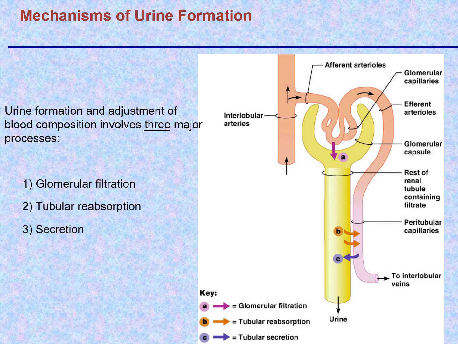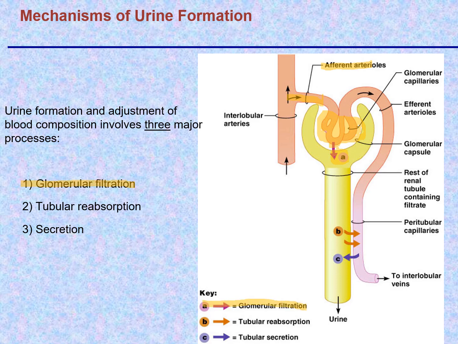This is a diagram showing the glomerulus. Blood comes into the glomerular capsule to form the glomerulus, that first capillary bed, via the afferent arteriole, goes into the glomerulus, and undergoes the process of filtration. This would have been better as an A instead of a 1, glomerular filtration.